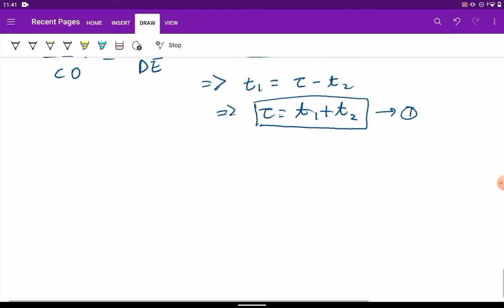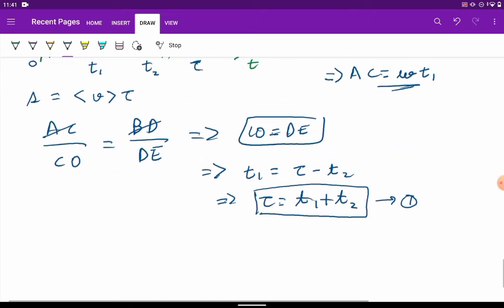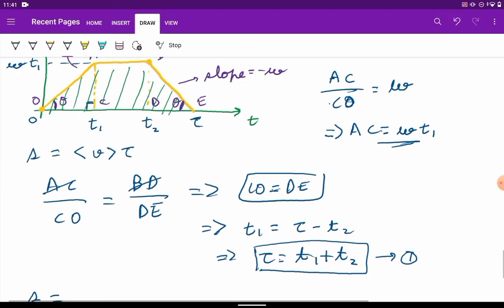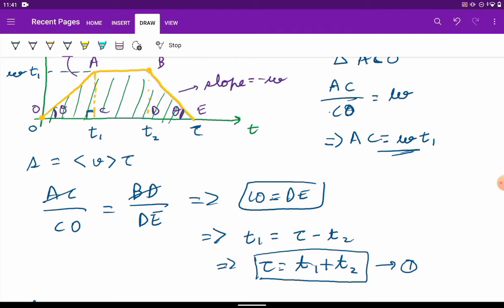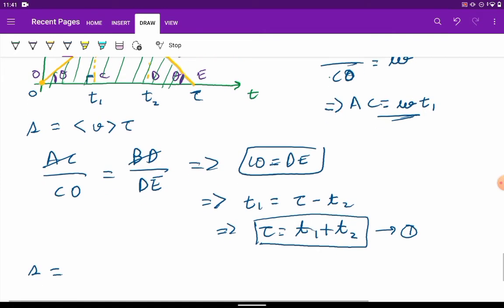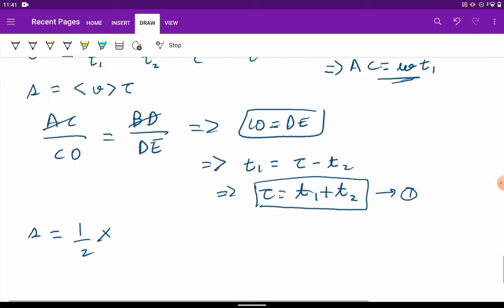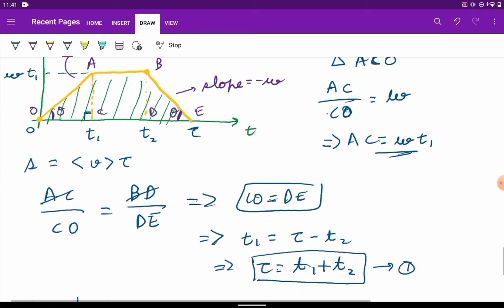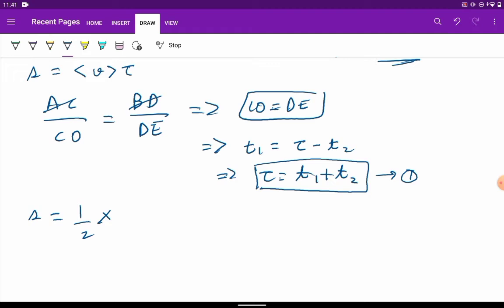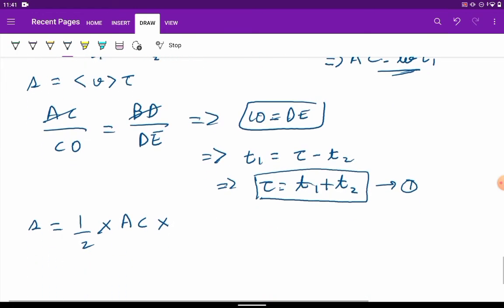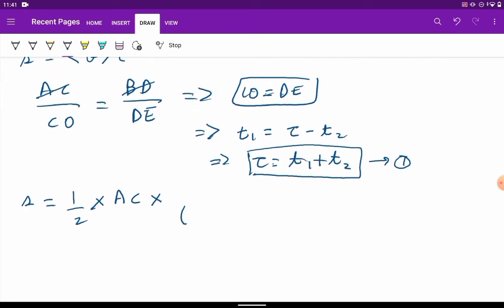Alright, so basically, and again write the AS, which is the area under the curve. So area under the curve, it is a trapezoid. Okay, so for a trapezoid, the area is basically half times height, which is, for now I'll just write AC, into the sum of the edges, which is OE plus AB.